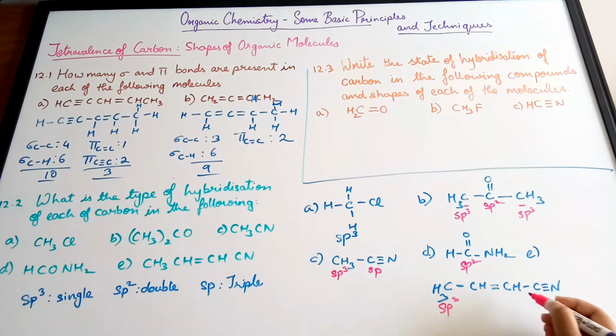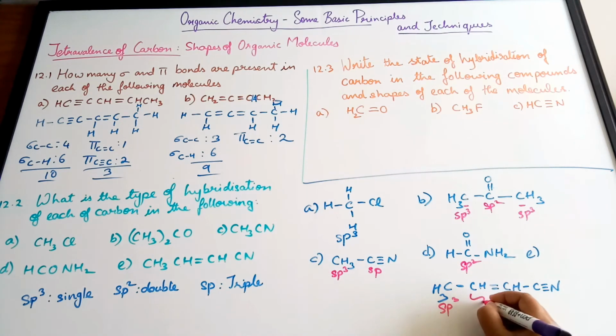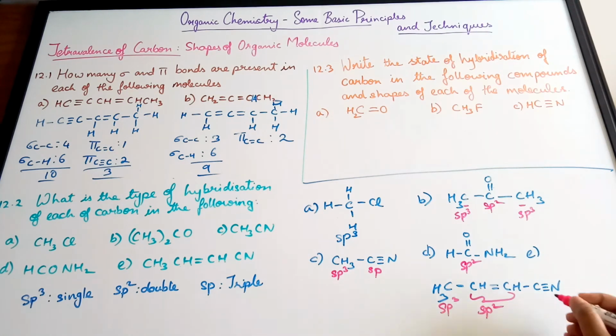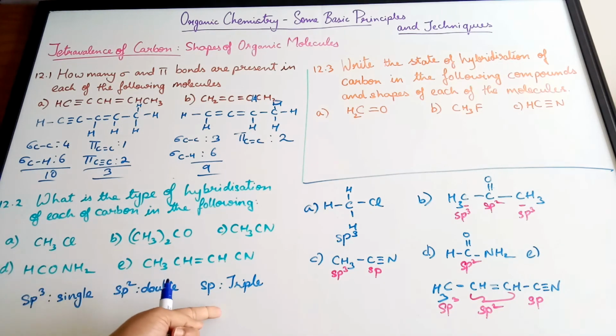This carbon and this carbon, both of them have a double bond each, so that will be sp2 hybridized, whereas this carbon has a triple bond, which means it is sp hybridized. So that's about it. We just counted the double bond. If the particular carbon atom had a single bond it means sp3, double is sp2, triple is sp.